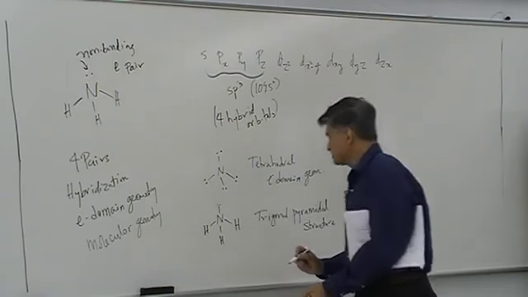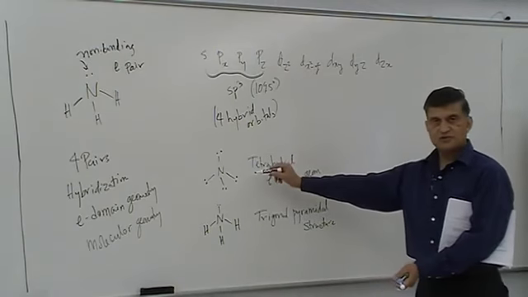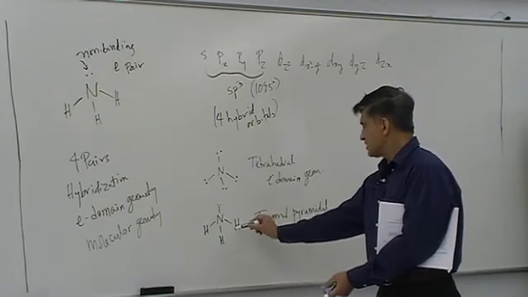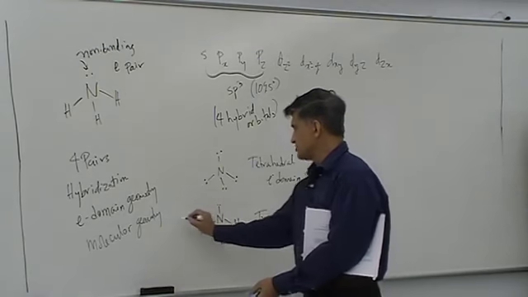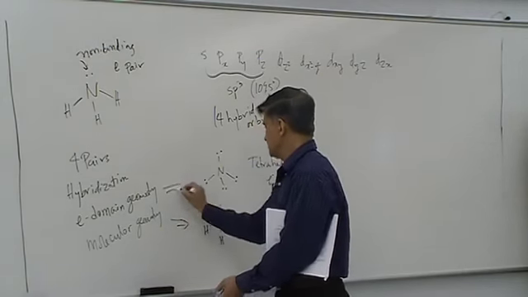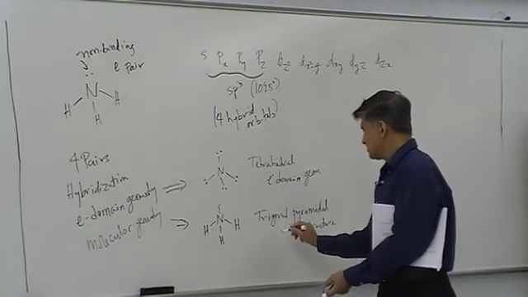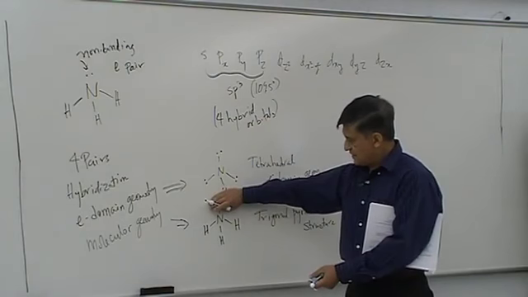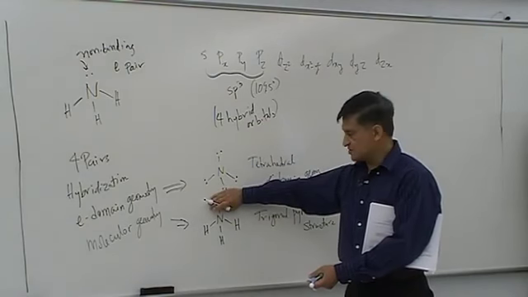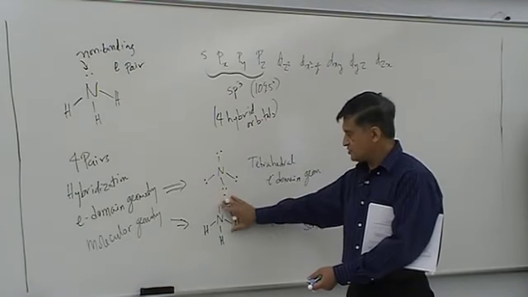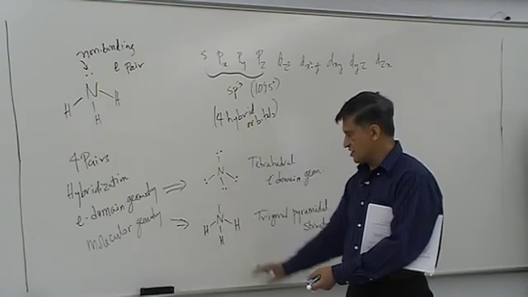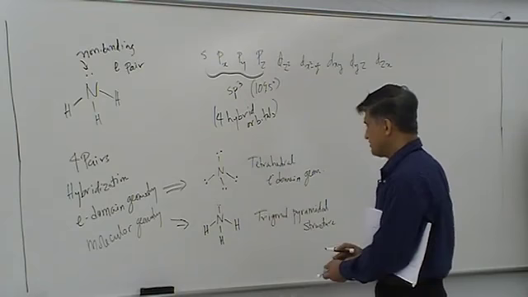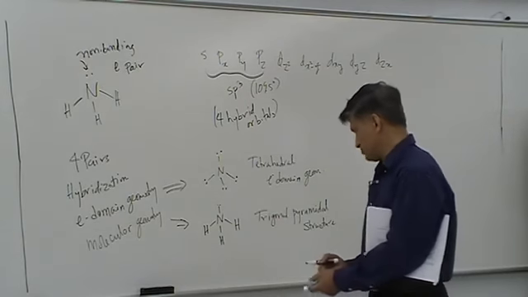So in this case, we see that electron domain geometry is tetrahedral, but molecular geometry, this is molecular geometry, this is electron domain geometry. Molecular geometry is trigonal pyramidal when one of the ends is missing from a tetrahedral structure. If 2 ends are missing, it will be called bent molecular geometry. But electron domain geometry will still be tetrahedral with 4 pairs of electrons.